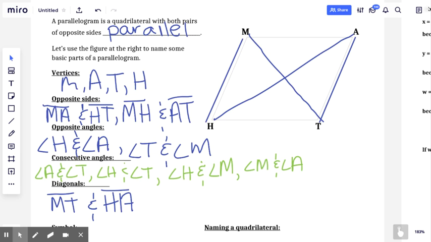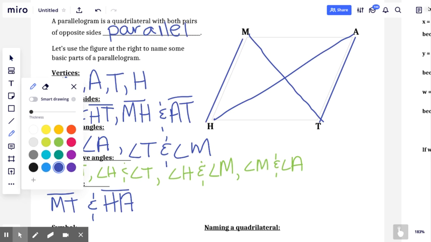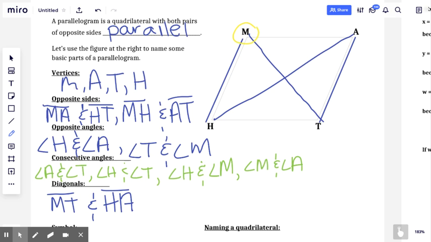So you could start here at M, and then go to A, then T, then H, and that would be parallelogram MATH. Or you can go the other way. It really doesn't matter what you do as long as you don't go out of order. I can go clockwise, or I can go counterclockwise. You wouldn't want to go from M to H, then to A, then to T. You can't do that.